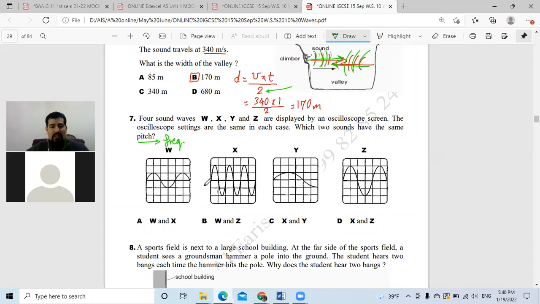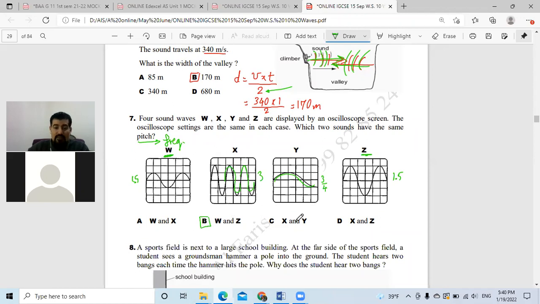Look here: I have 1.5 waves here, 1.5 waves here, 1, 2, 3 waves here, and 3/4 here, 3/4, and here also 1.5 waves. So which have the same number of vibrations in the same time, the same frequency? It's W and Z.